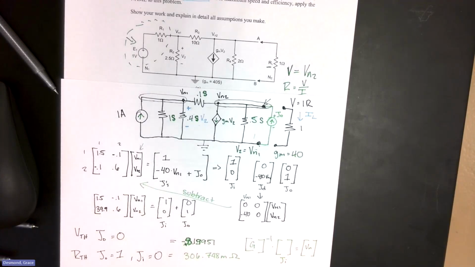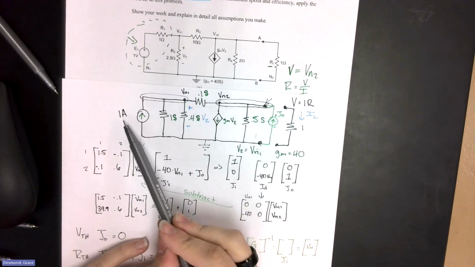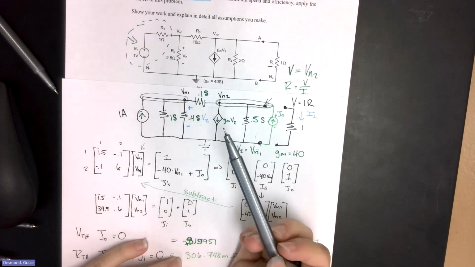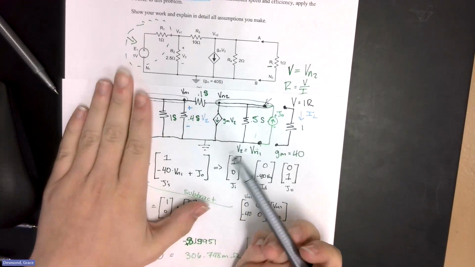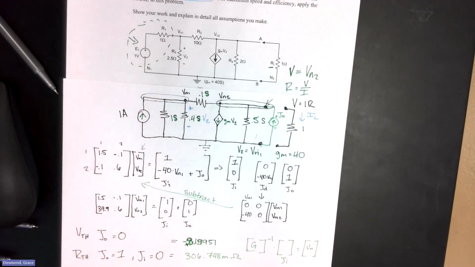Not the dependent sources, those still need to be on, but you turn off all the independent sources, which means you set them equal to 0. And hence we set our independent equal to 0. We basically are just turning off this 1 amp, and it goes away because it's equal to an open circuit. So that's why we set that equal to 0, and that's why we set the other one equal.